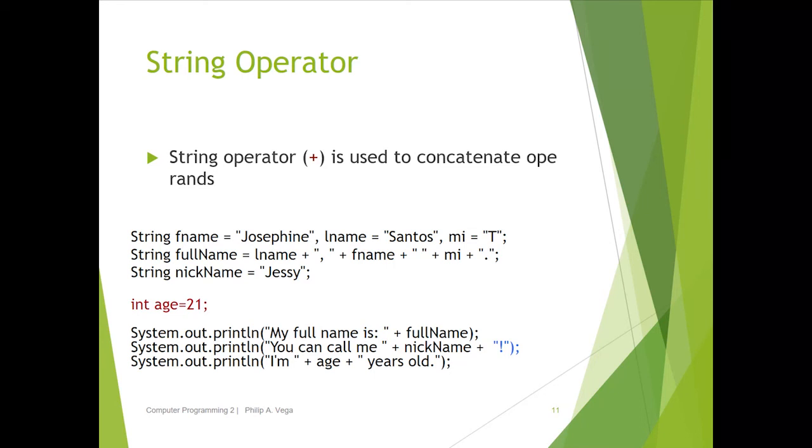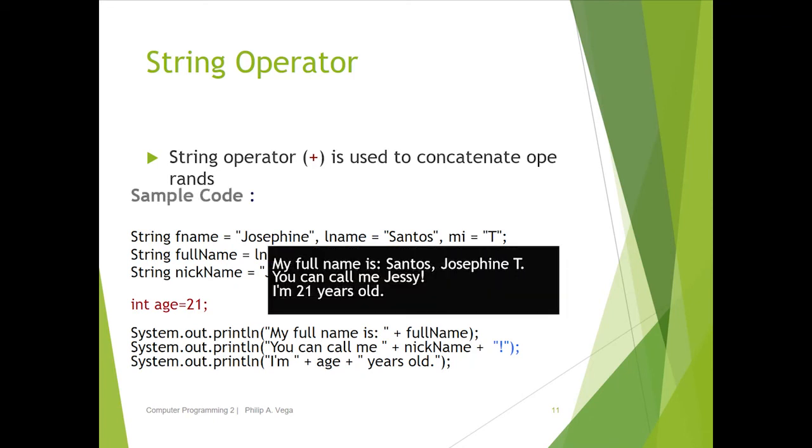Then first name, concatenated again with a space, and then concatenated again with plus and then MI. And then string nickname is going to be Jesse. If we print the full name, my full name is, and then whatever, this is the output we get.